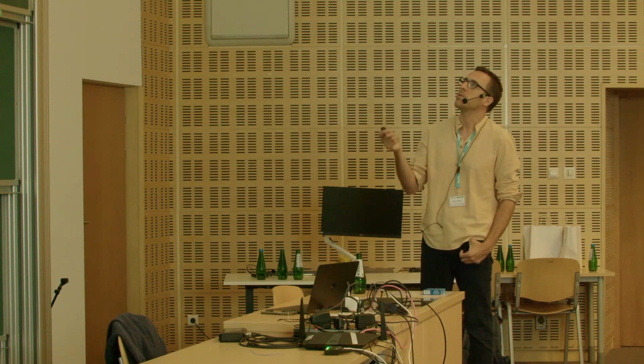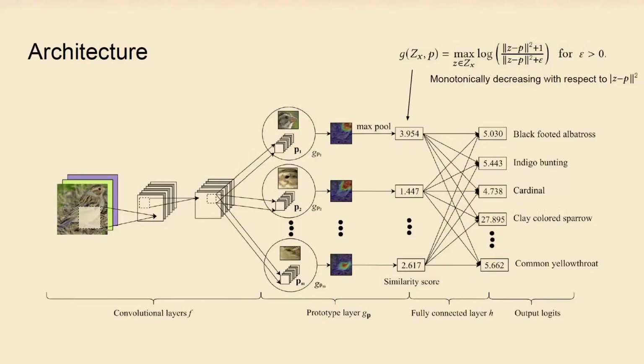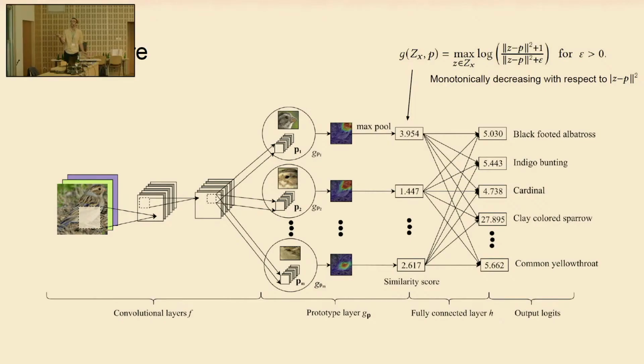Please ask questions if you have any. Okay, so the first part of the model is quite simple. It's just convolutional layers, like in a standard neural network. So for an input image of size, let's say, 500 by 500 by 3, the 3 being the RGB channels, we push it through the convolutional network, usually called the backbone network.